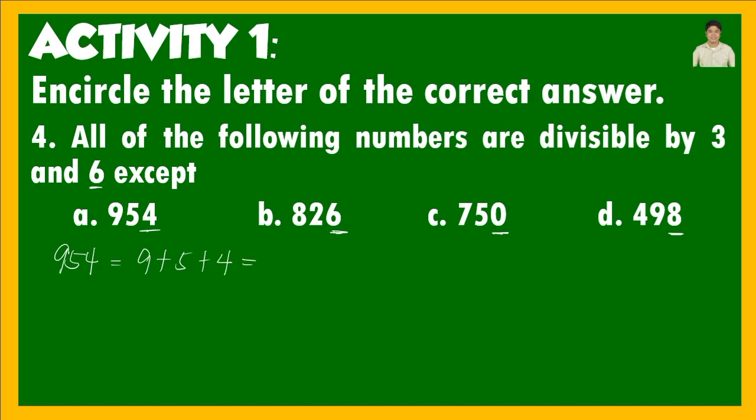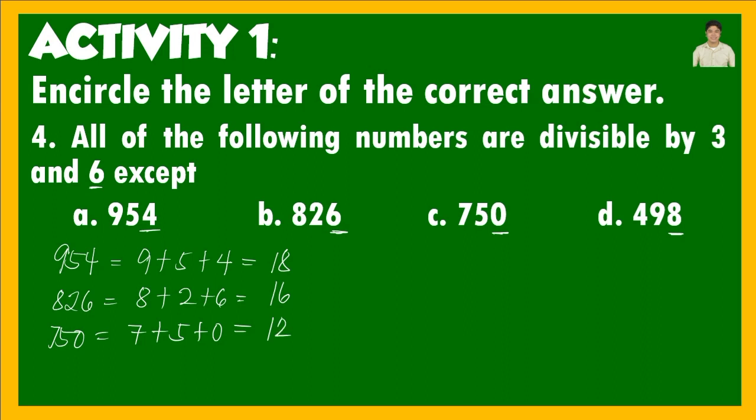So, 9 plus 5 plus 4 will have 18. 826. So, 8 plus 2 plus 6, we have 16. 750. 7 plus 5 plus 0, that is 12. And finally, we have 498. 4 plus 9 plus 8. So, 4 plus 9 is 13 plus 8, we have 21.